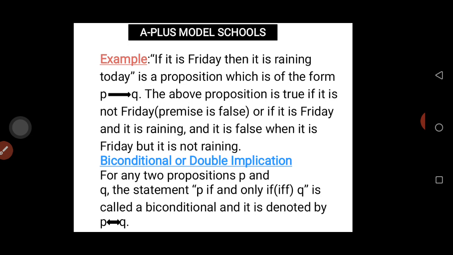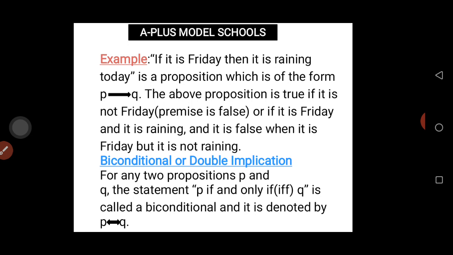Now, by conditional or double implication, for any two propositions P and Q, the statement P if and only if Q is called a biconditional and is denoted by its own symbol. So under a biconditional or double implication statement, you have if and only if.